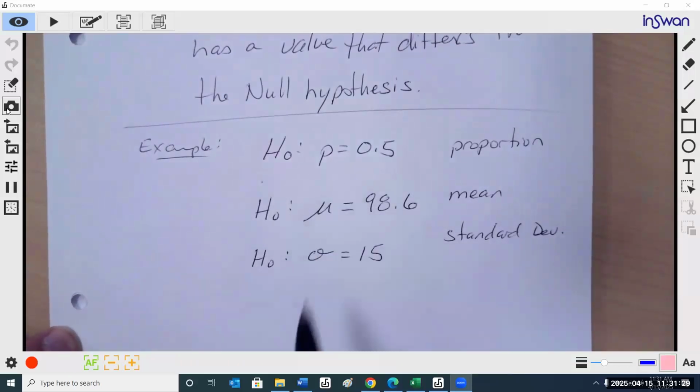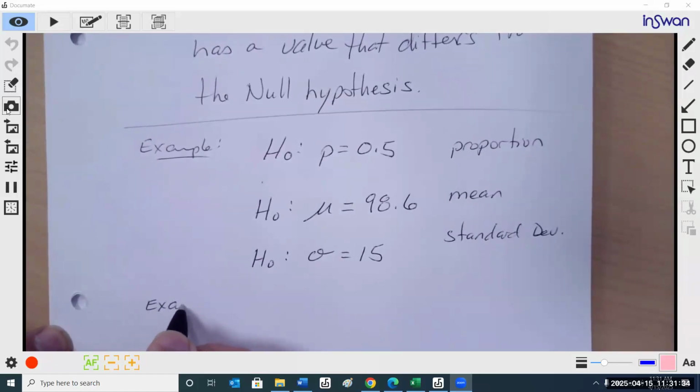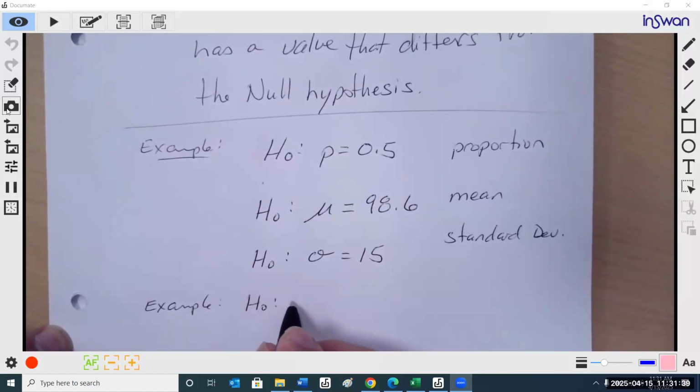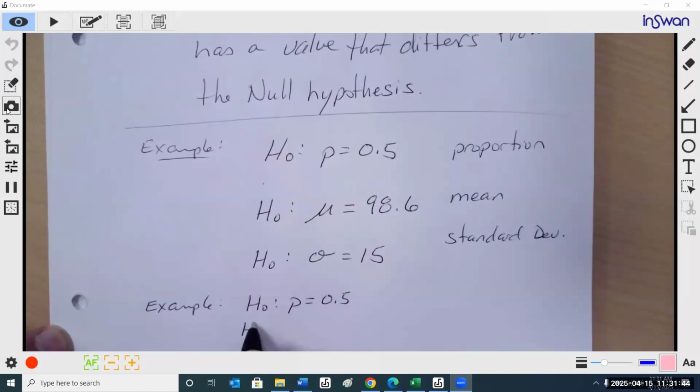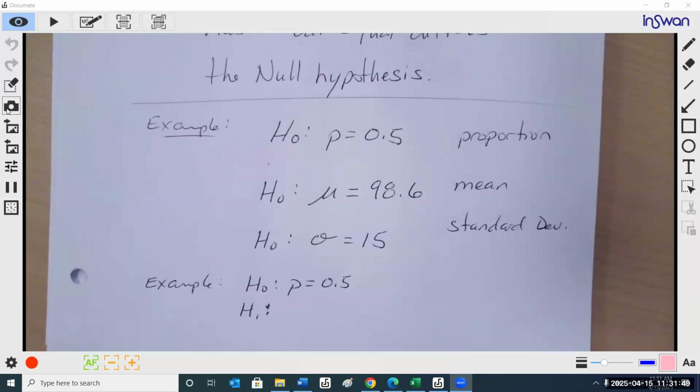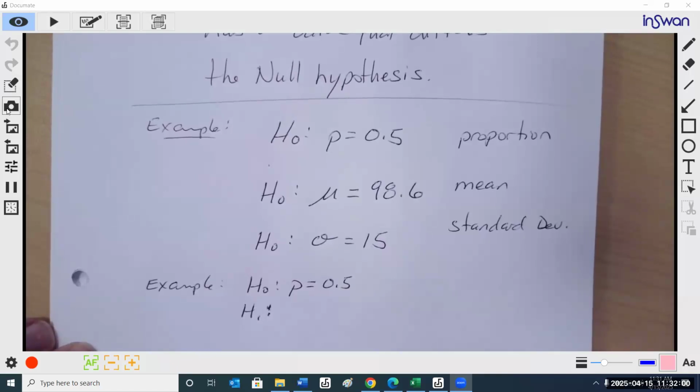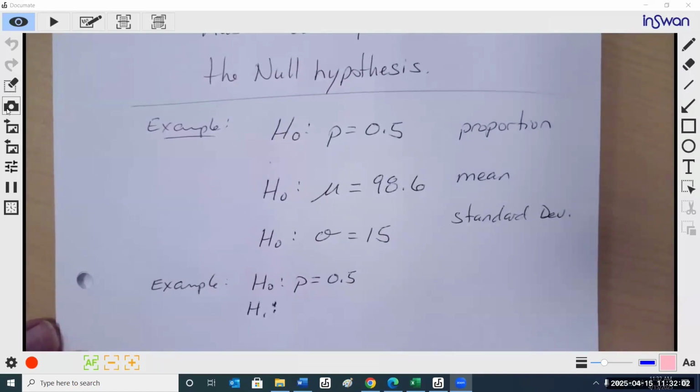So what would the alternate hypothesis look like? If the null hypothesis was for proportion, what would the alternate hypothesis look like? Remember the symbols that the alternate hypothesis has to use?